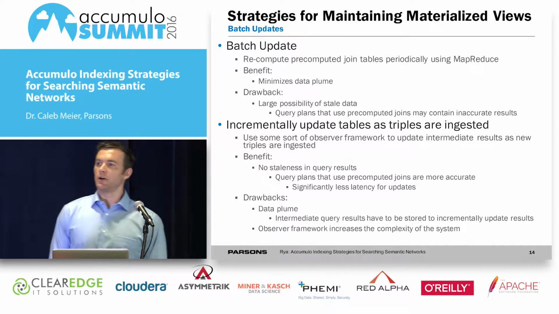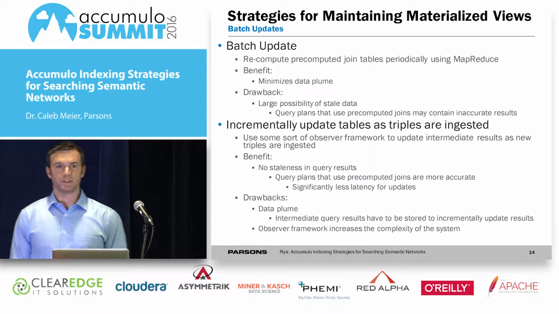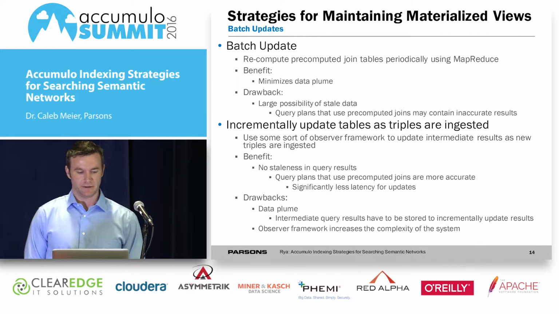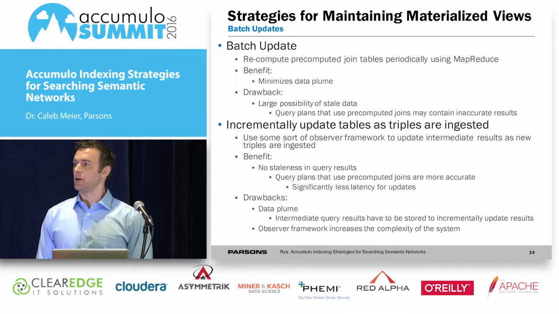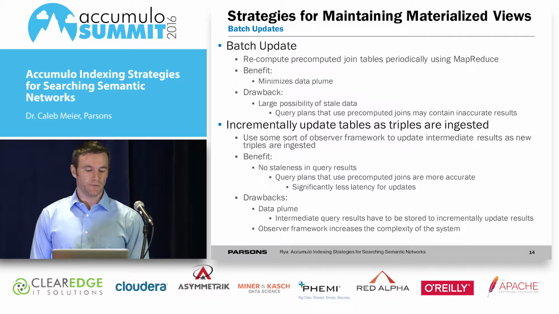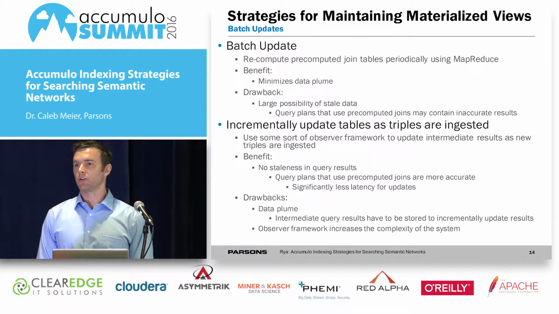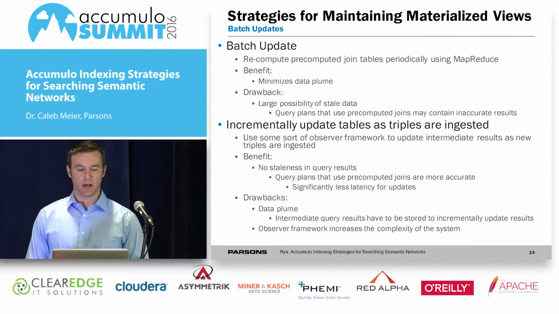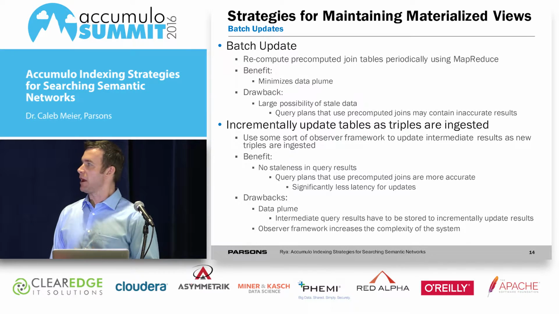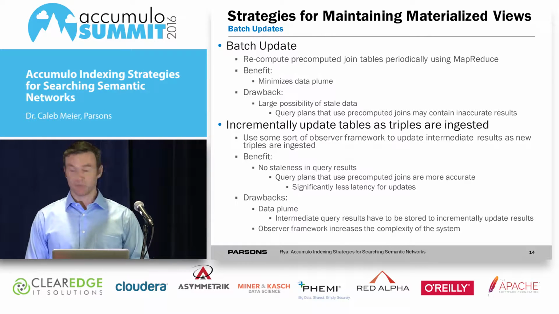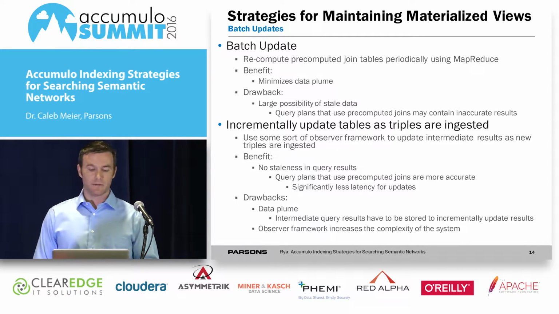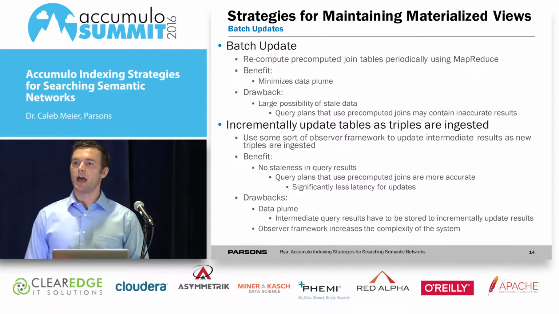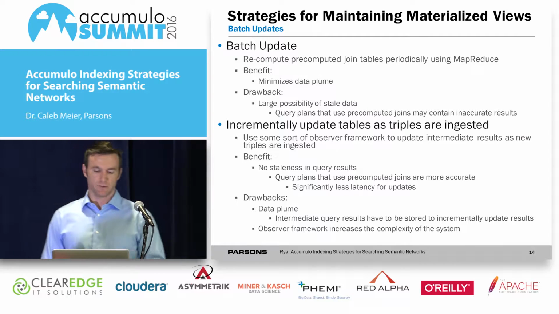So the rest of the talk here, as far as materialized views or precomputed joins is concerned, is going to be about maintenance. So how do we keep data in our cached queries fresh? There are 2 general strategies that we considered. Batch updates, so MapReduce jobs where we recompute the queries periodically. The benefit of that is we're not adding much complexity to the system, and we're minimizing our data plume in that we're not having to keep a lot of intermediate results around.